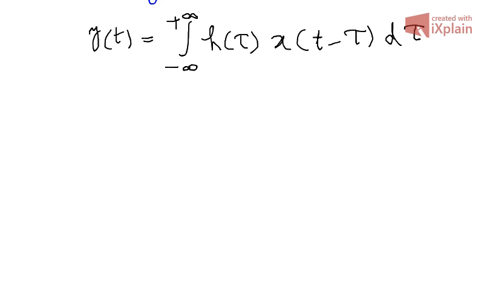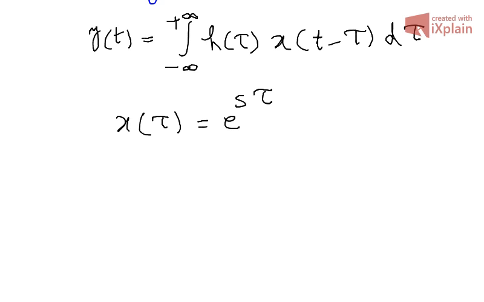Now let me write x of tau. If my x of tau is e raised to the power s tau, right? You change the variable t, replace it by tau, just another variable.